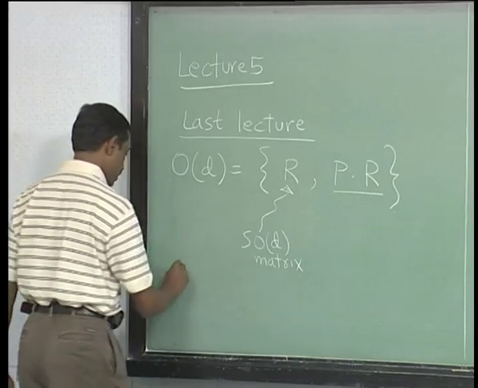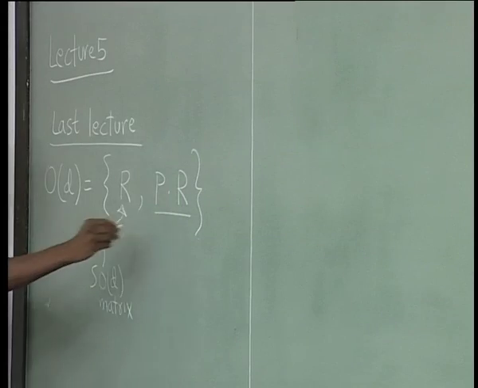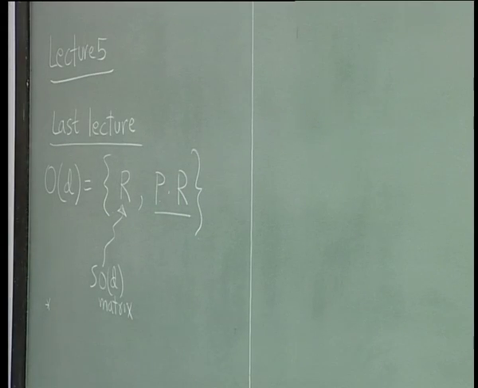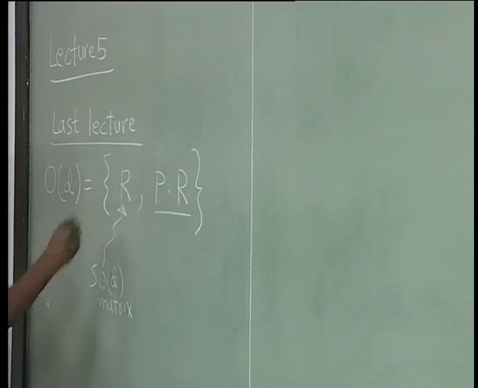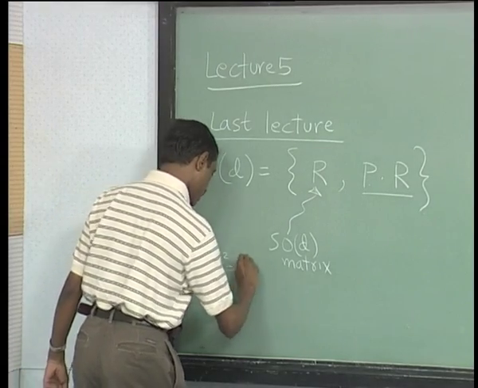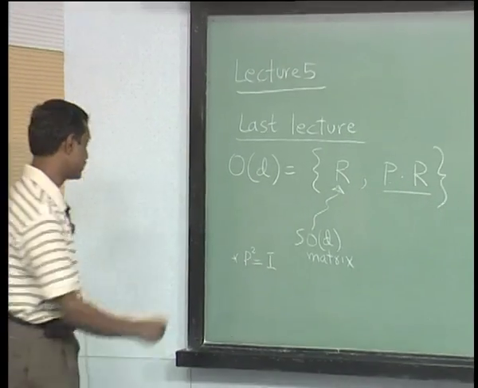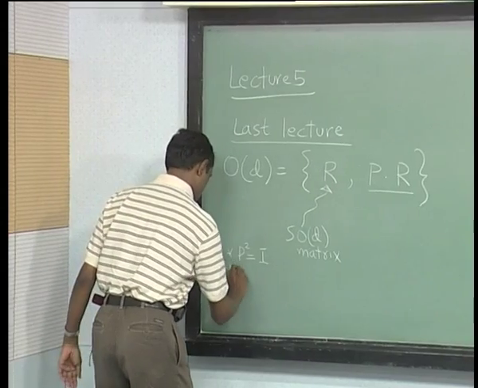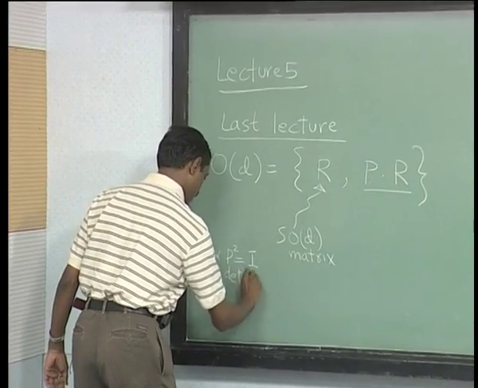We also saw that we can specify the action under P, which is parity. P is something which just squares to identity, and of course it is an orthogonal matrix, and that P was -1.